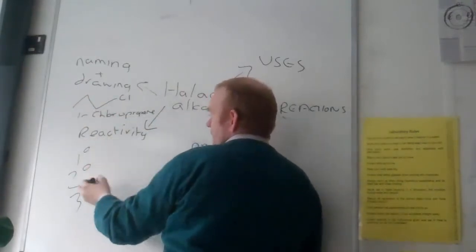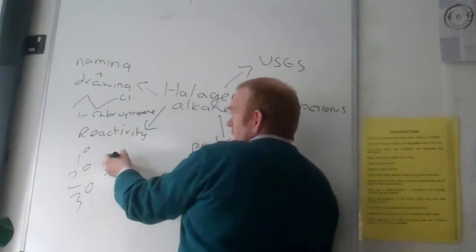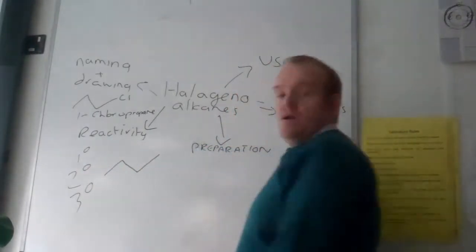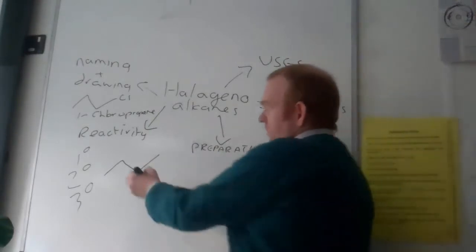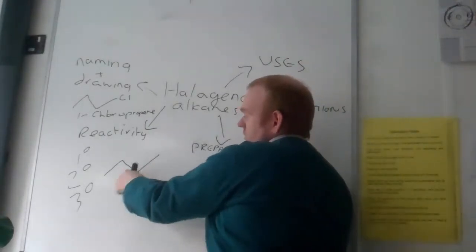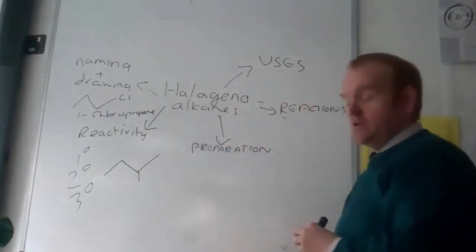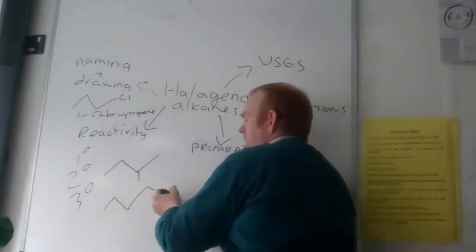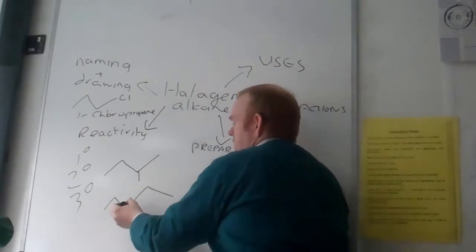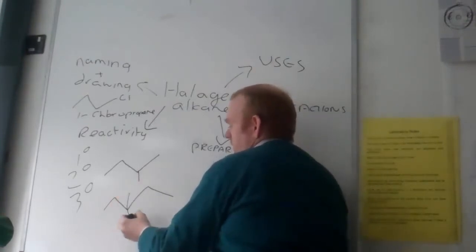Okay, if I was to have an example of a secondary halogenoalkane, remember our rules from earlier on. If the carbon with the substituent on it has got 2 carbon chains, it's a secondary. If the carbon on the chain has 3 groups on it, it's tertiary.